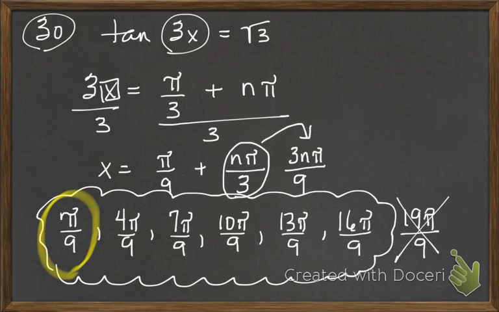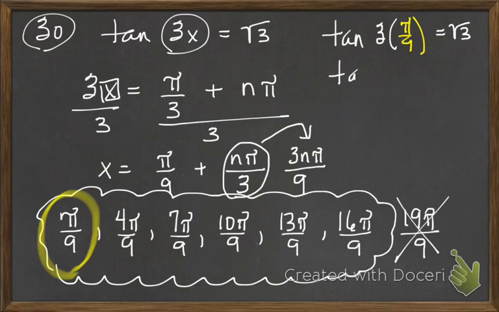If you go back and plug it in, you would have tangent of 3 times pi over 9, and they're saying that would be equal to square root of 3. So what is 3 times pi over 9? The 3 cancels with the 9, and that gives me pi over 3. Is the tangent value at pi over 3 not equal to the square root of 3? Yes, it is.